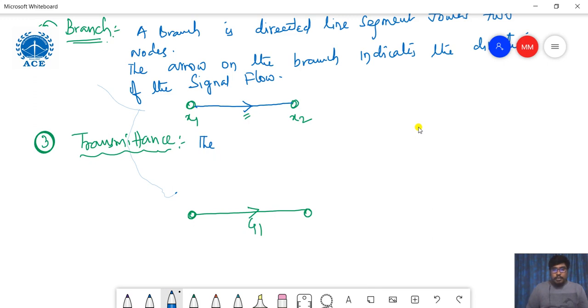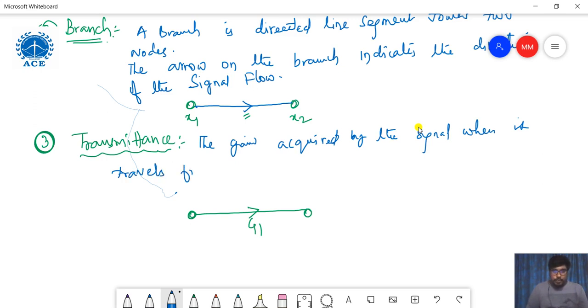The gain acquired by the signal when it travels from one node to another is called transmittance.